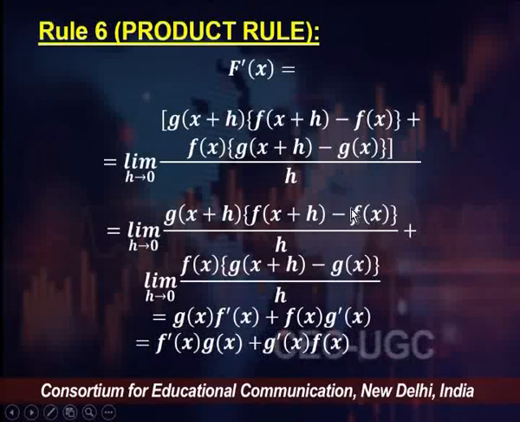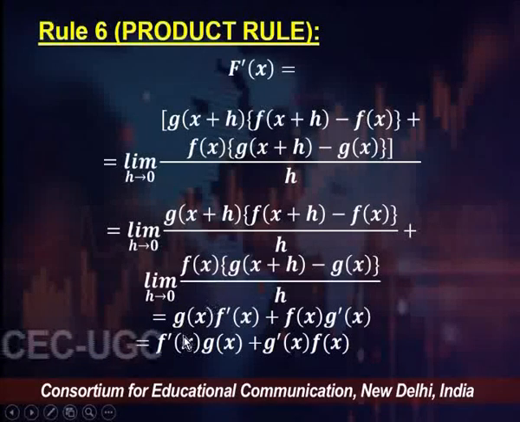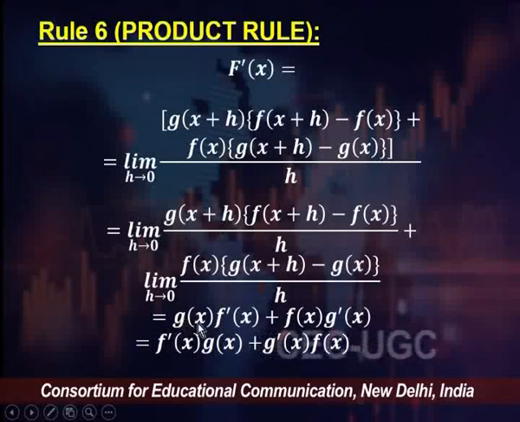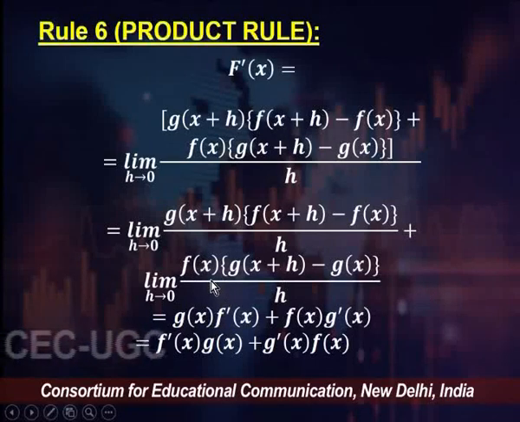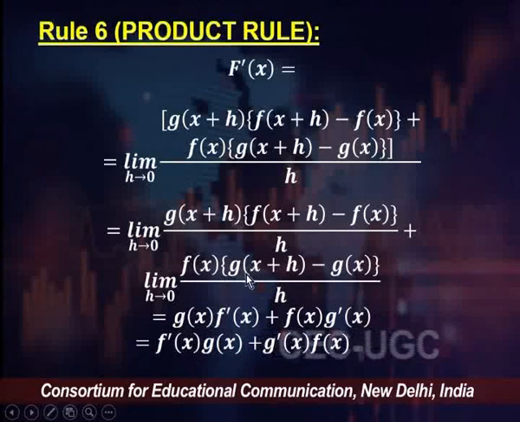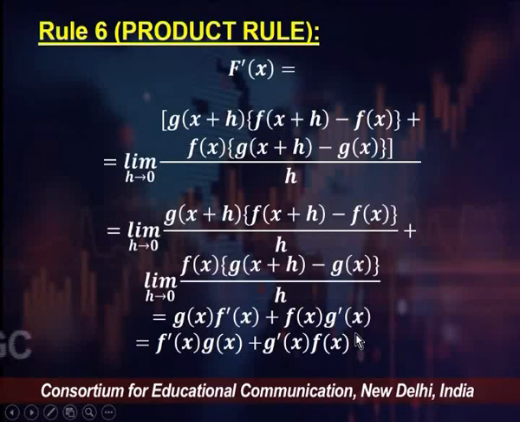And now you can see that this expression here is nothing but the derivative of f with respect to x, right? So that gives me g, and once you put h equal to 0, you'll get g of x times f prime of x plus the second term will give me f of x, times g prime of x. This expression here, once you apply the limit, that will give you g prime of x.